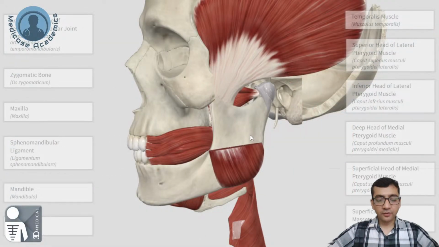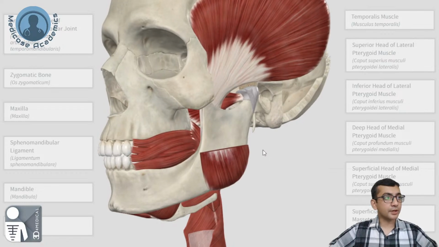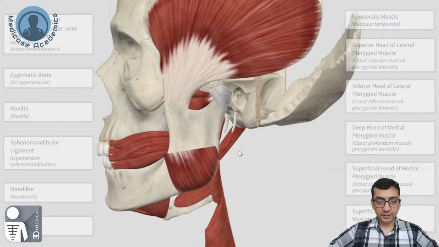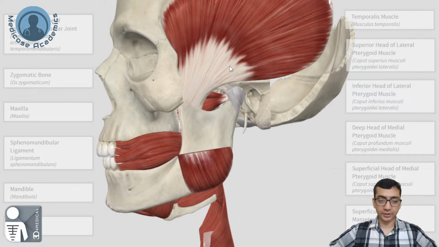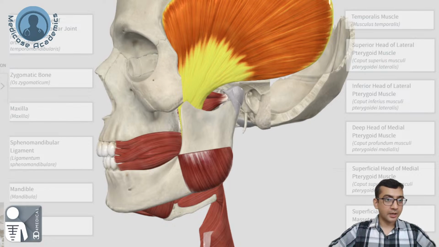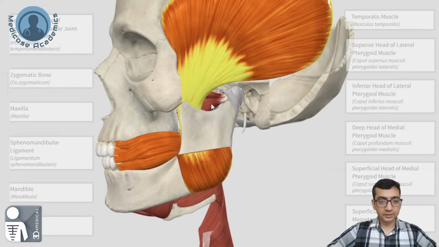Okay. If you have been with me from the last lecture, we used this model when talking about the muscles of mastication. So let's remove a few things and see where it gets us. I am removing this temporalis muscle, buccinator muscle, masseter, lateral pterygoid, two heads.